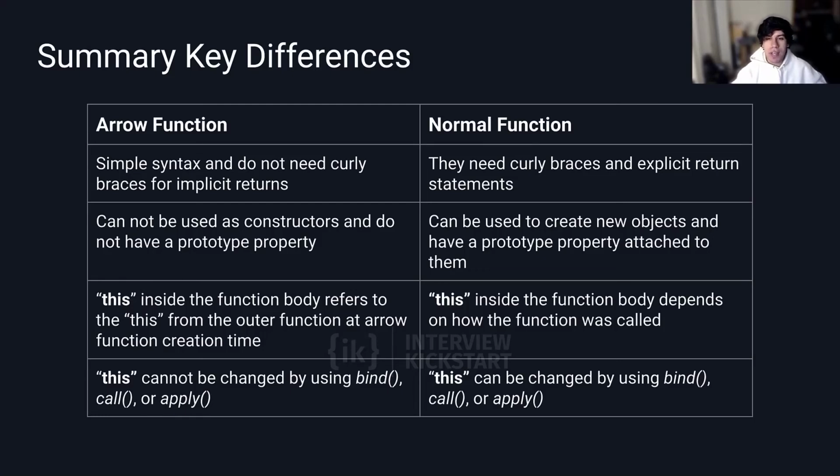The this inside of a normal function declaration depends on how the function was called and whether or not that function had the this hard-coded using bind, call, or apply. In contrast with arrow functions, even if you try calling an arrow function with bind, call, or apply, it doesn't matter.